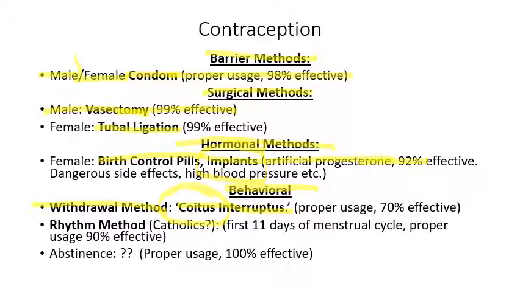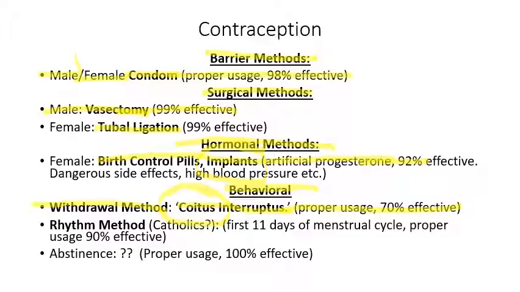Interruptus means to interrupt it before it's finished, which means that the male pulls out before the sperm comes out. If it's properly used, it's 70% effective, which is not particularly effective. That means if it's done properly, it only fails to prevent pregnancy 7 out of 10 times. So that's a lot of chances, and furthermore, it's rarely used properly.